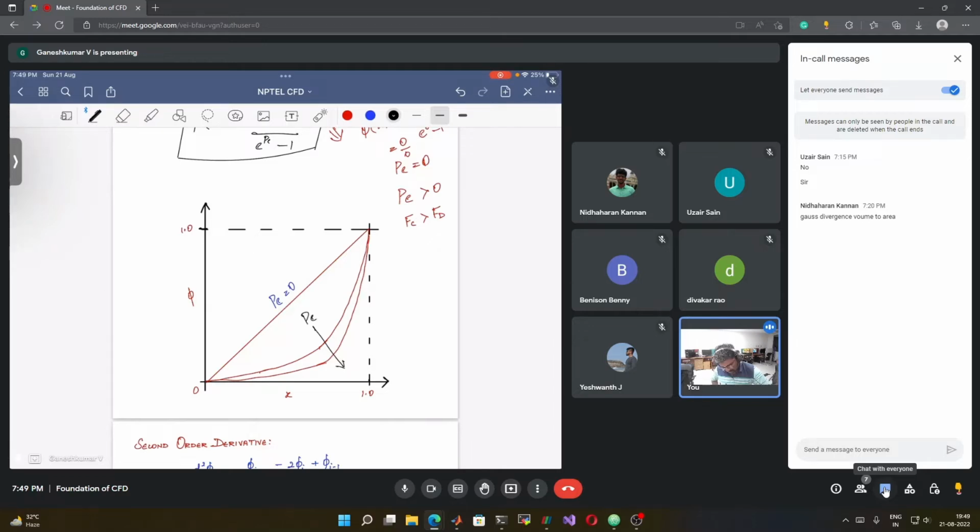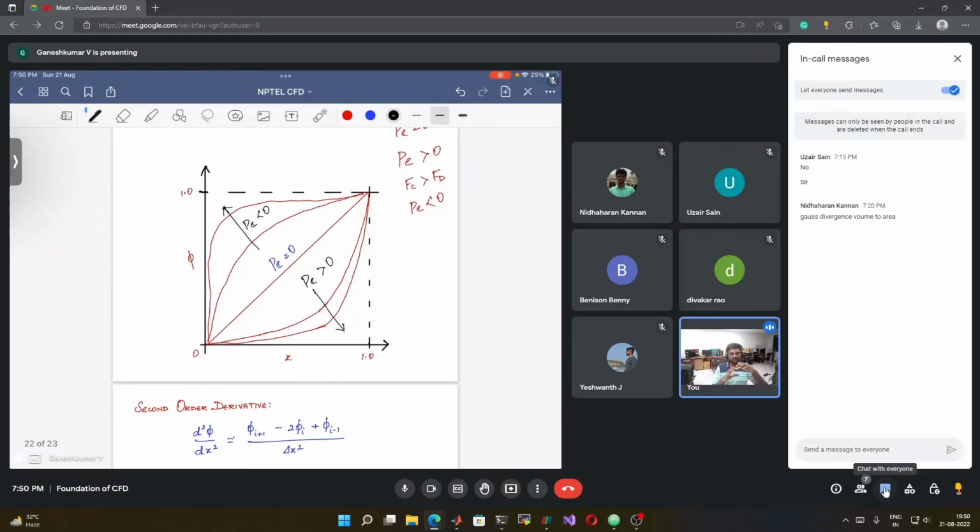Similarly, when Peclet number is less than 0, you might have guessed by now, it's going to be like this. Now you see what our solution looks like.